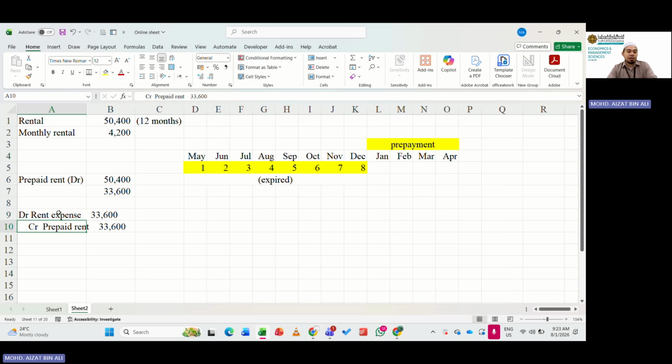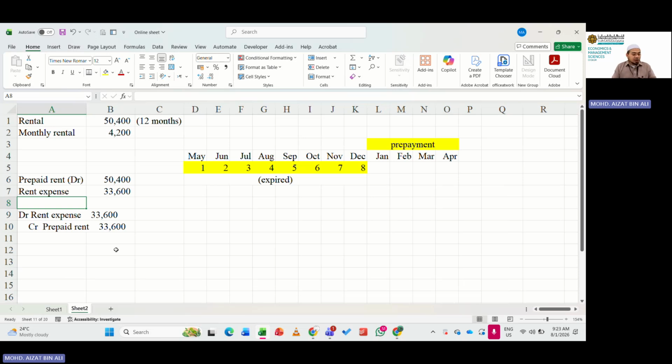And look here, the debit is rent expense. Let's do the check: an expense account should be debited. So here we have rent expense. So this is the journal entry. Next, I hope you understand this.